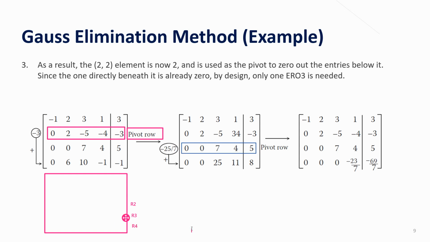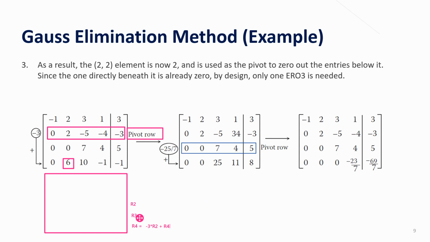However, for row 4, in order to get rid of the value here, you need to multiply row 2 by minus 3, and then add the previous value of row 4.